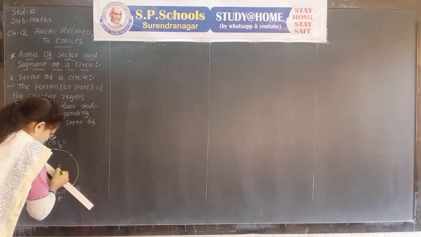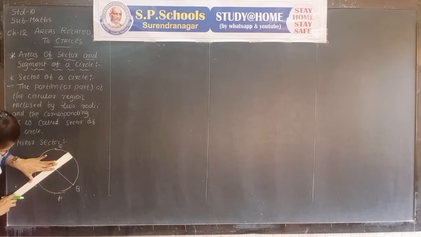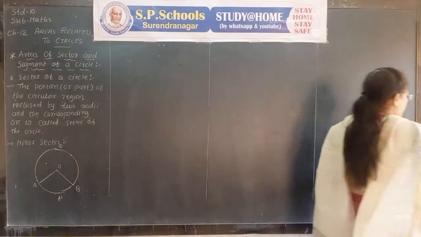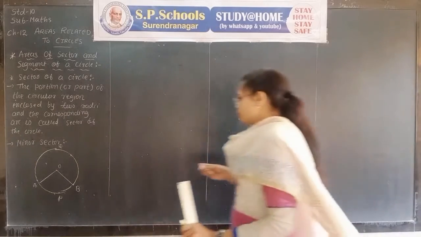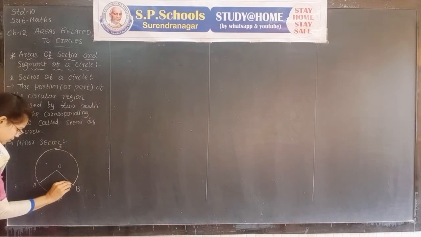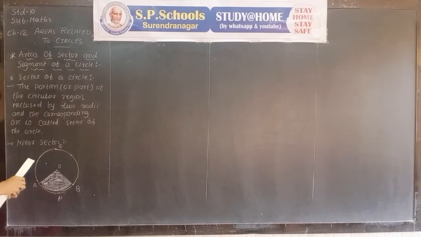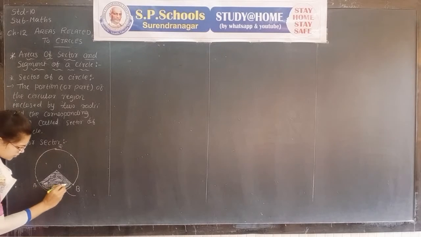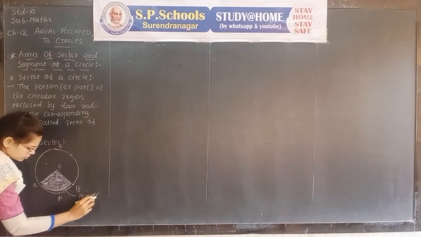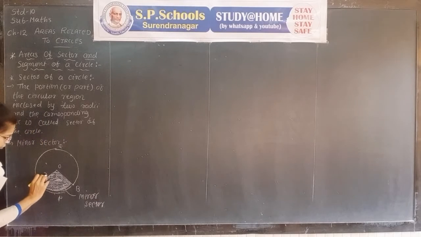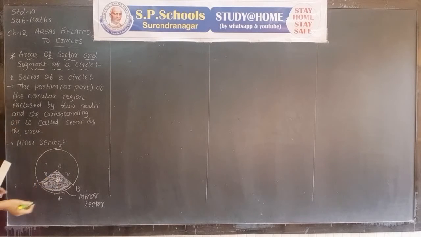Join O to A and O to B. The area enclosed by two radii OA and OB and the minor arc is called minor sector, where OA and OB are radii and here is the angle theta. Theta is the angle made by minor arc.